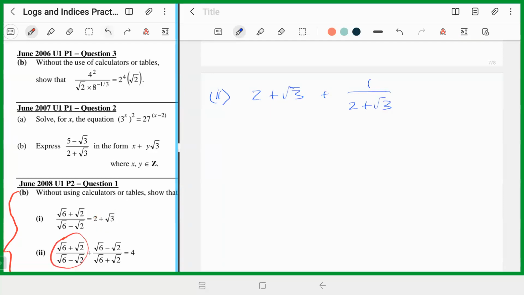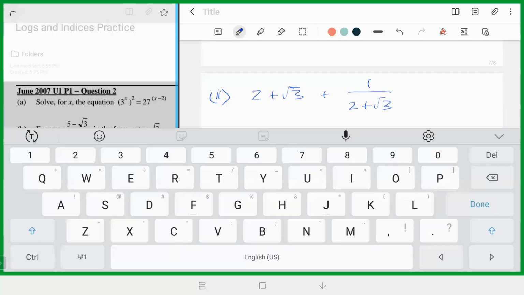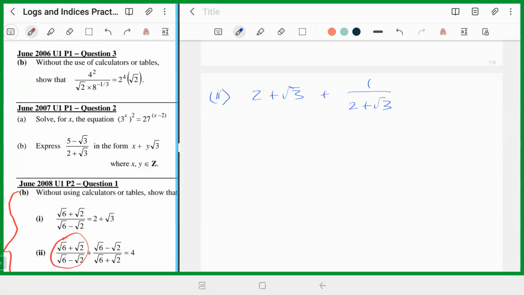We just did it up here, so we can take this and replace that. And this is just a reciprocal of that. That's why we put it as 1 over 2 plus root 3. That's what we're working on now: 2 plus root 3 plus 1 over 2 plus root 3.